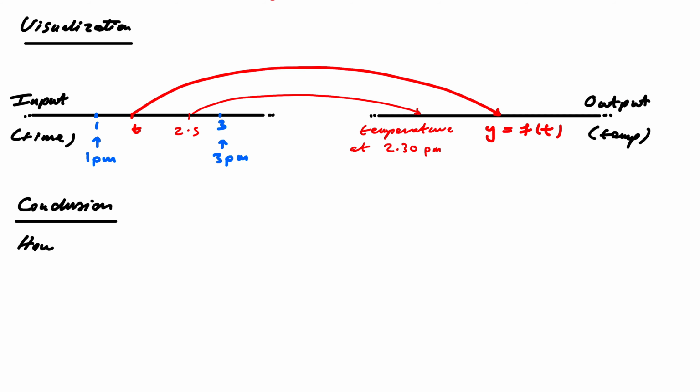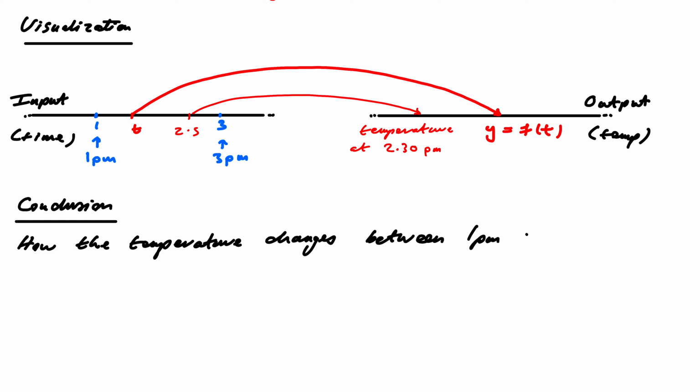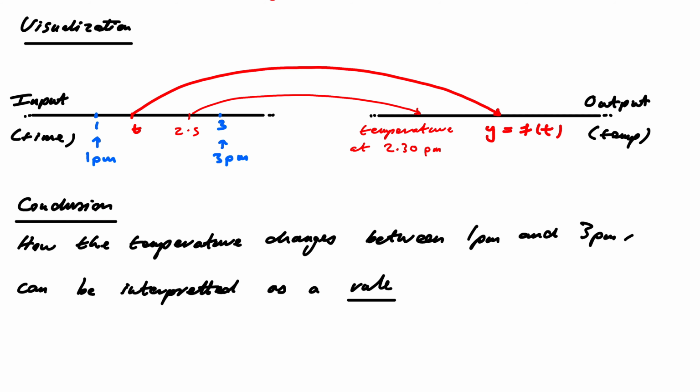How the temperature changes between 1 p.m. and 3 p.m., the way I've set it up, can be interpreted as a rule which associates to any number, let's say t, in the interval.